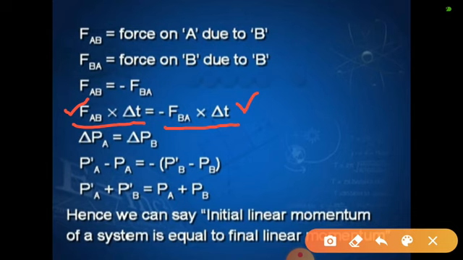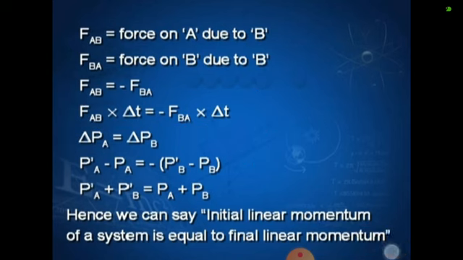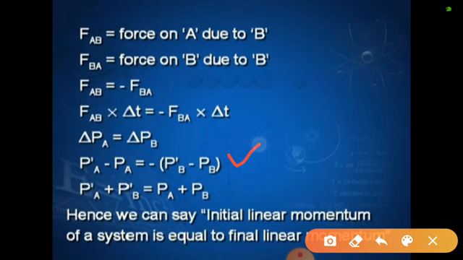Now what is the change in momentum of the first body? Suppose that initial momentum is PA, final momentum is PA dash. So the change in momentum of the first body is PA dash minus PA, and similarly for the second body.